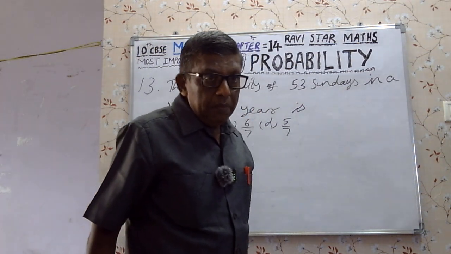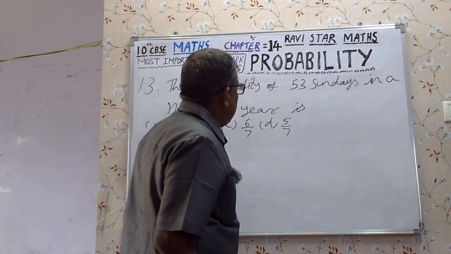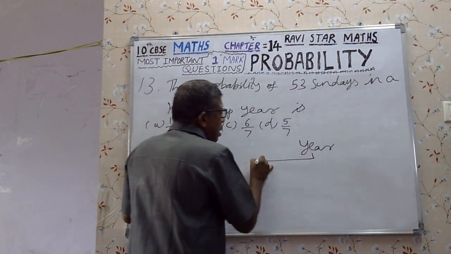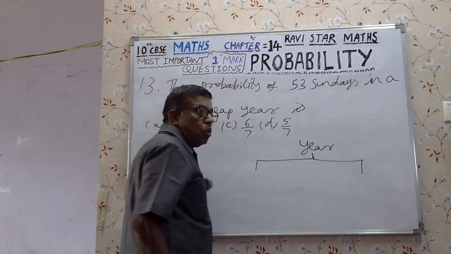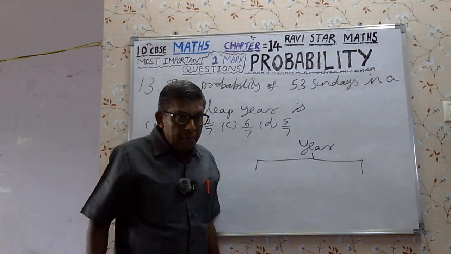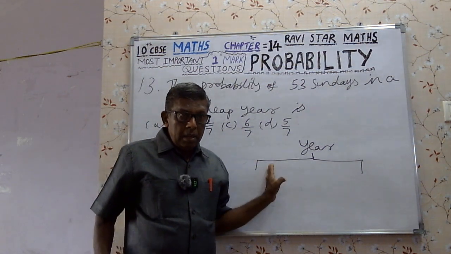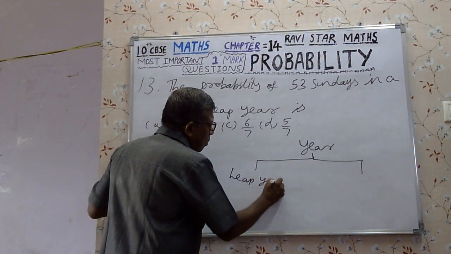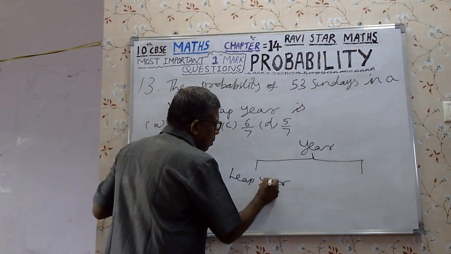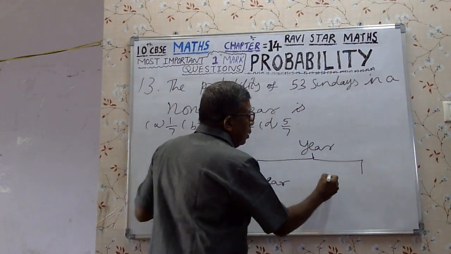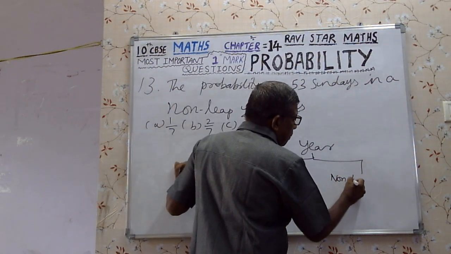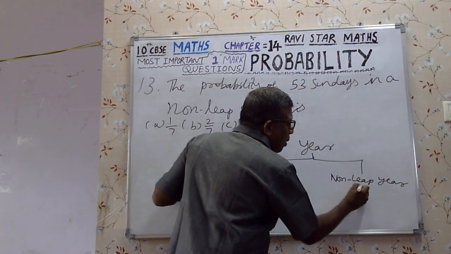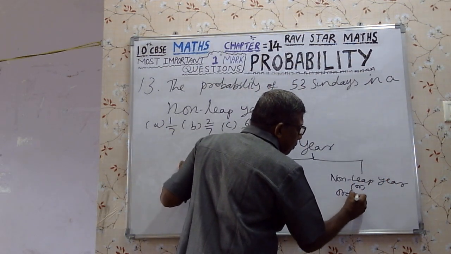4 options. Right. First of all, you should know about the year. There are two types of year. One is the leap year. Another is the non-leap year, or another way, it is called an ordinary year.